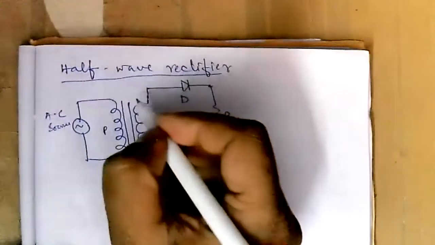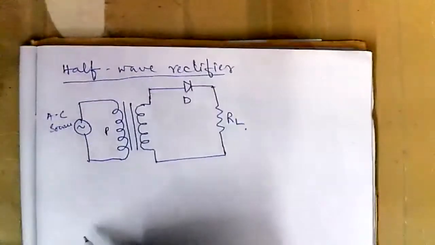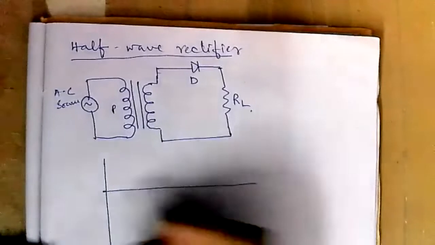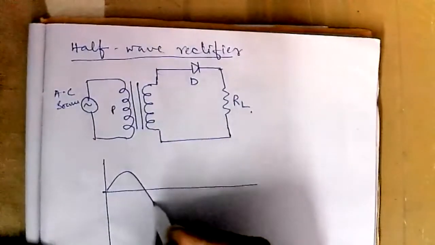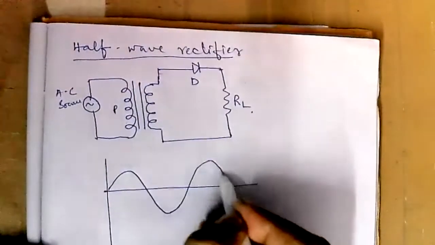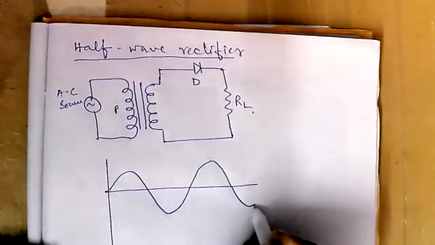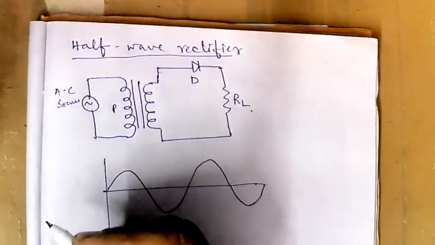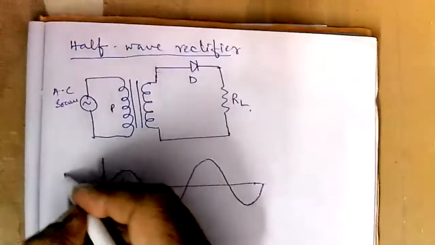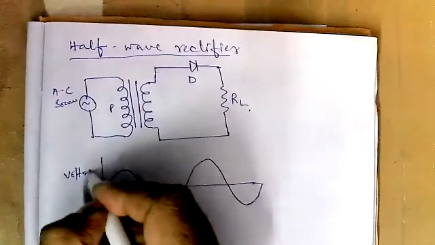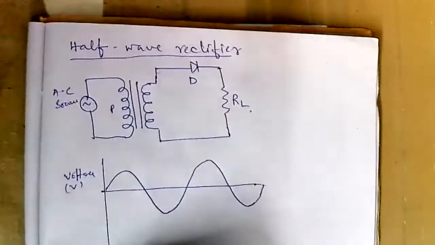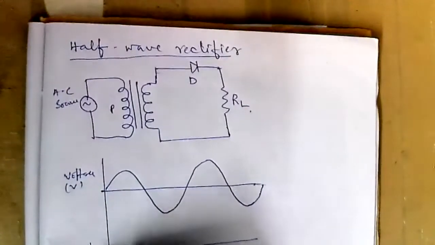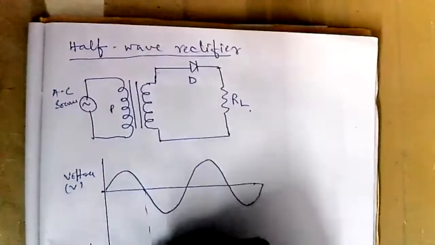Now, during the first half cycle, this is say my input AC. Say AC voltage in volt, and here we will measure the output.